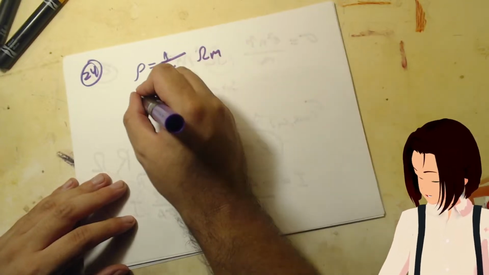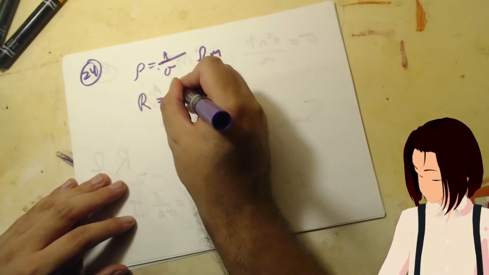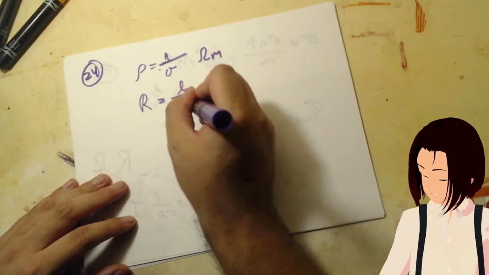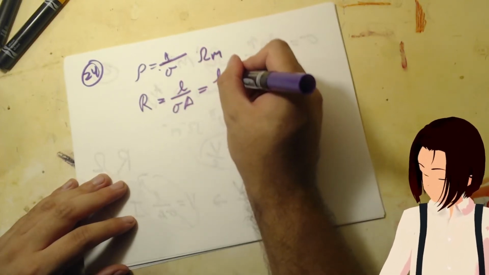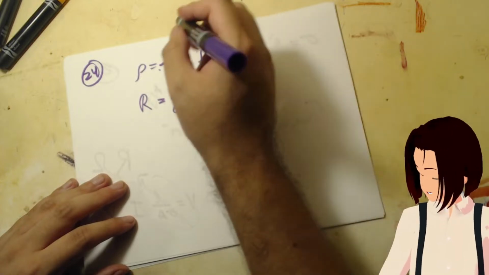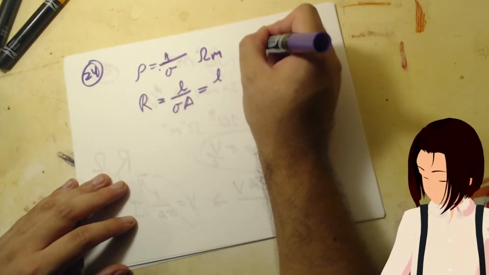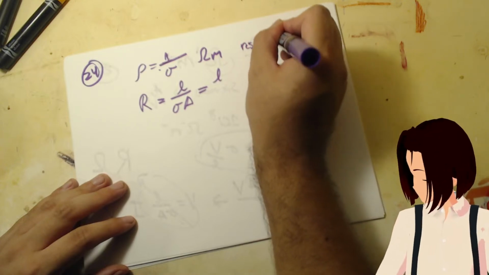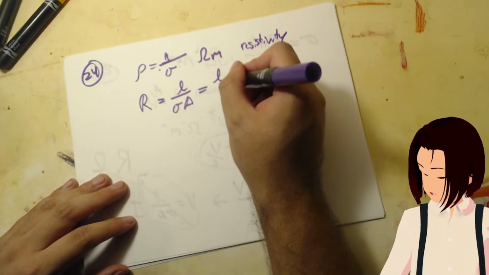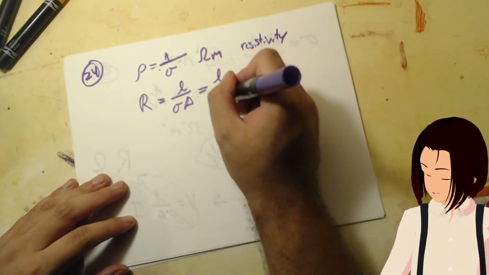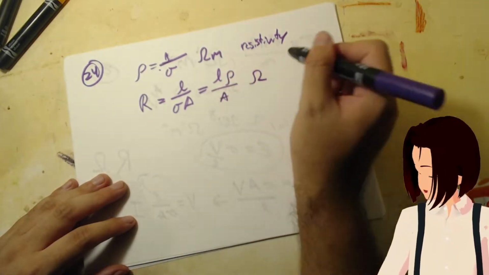So we know that the resistance is written as the length over the conductivity times the cross-sectional area, also equivalent to the length times the resistivity divided by the cross-sectional area. This is the resistivity, and this is in ohms.